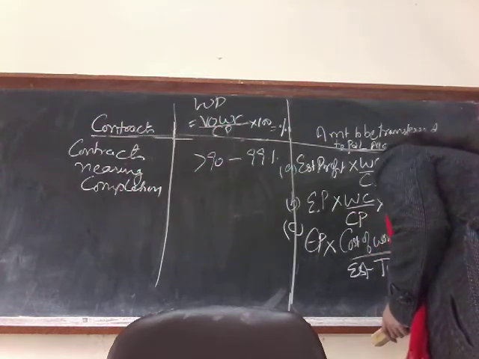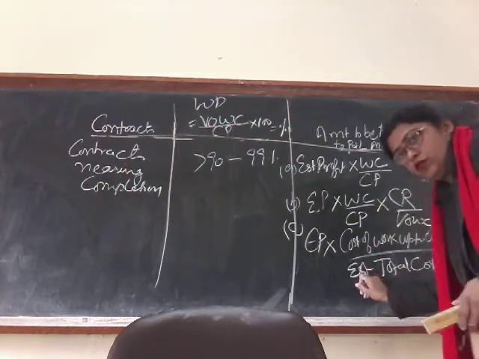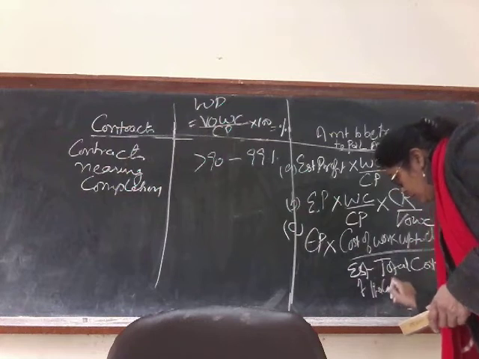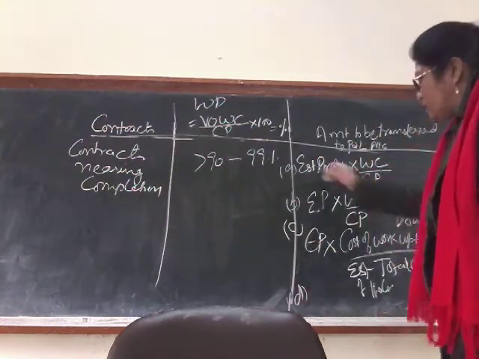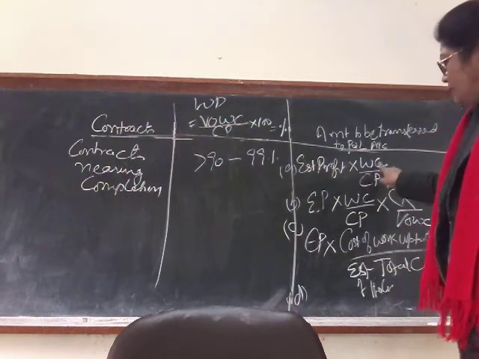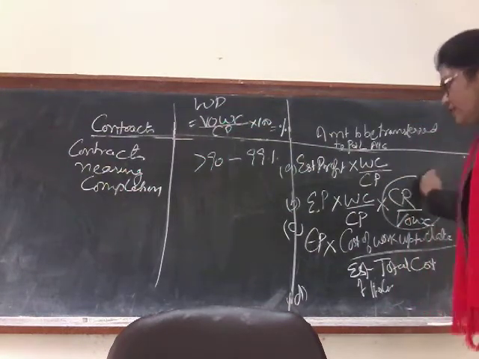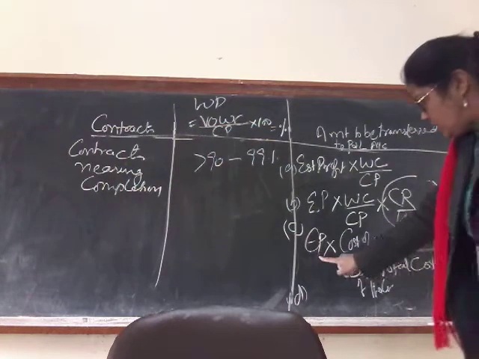And then the D formula is the same as the C formula. For example, the A formula was like this, just to be added in the next formula. So the C formula is this.